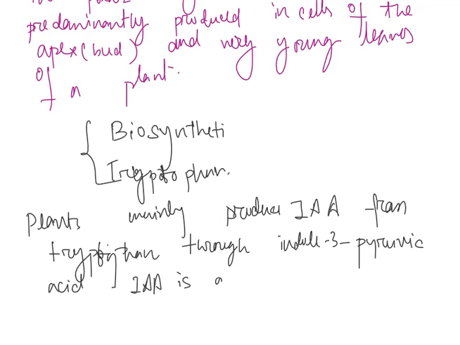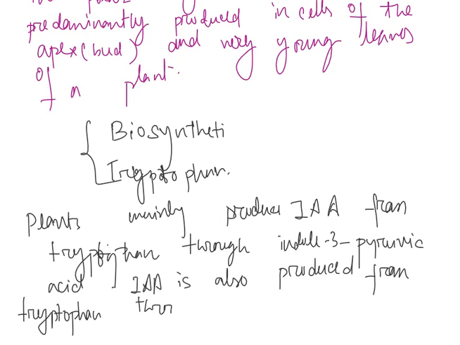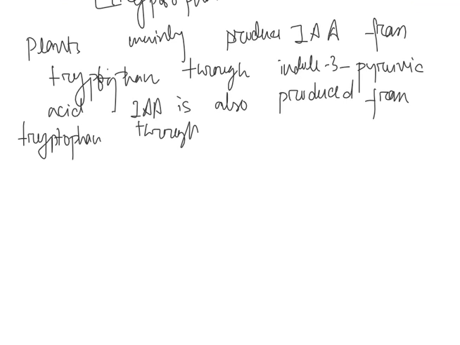IAA is also produced from tryptophan through indole 3 acetaldoxime in Arabidopsis thaliana.